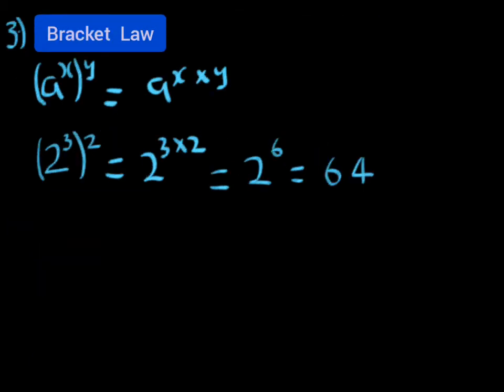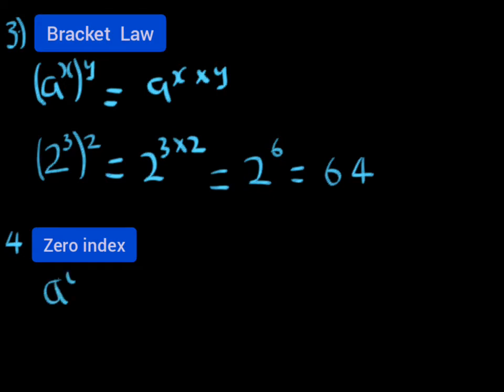The next law would be called the zero law or the zero index. In this law, we could be given a raised to power 0, and by now it has been proven that any number raised to power 0 would give you 1.